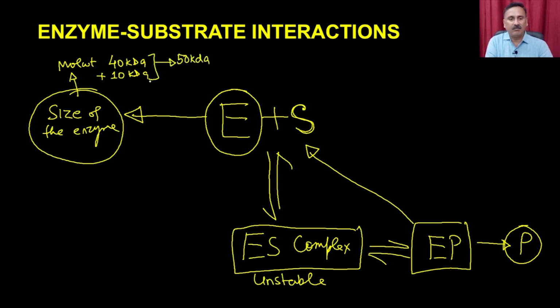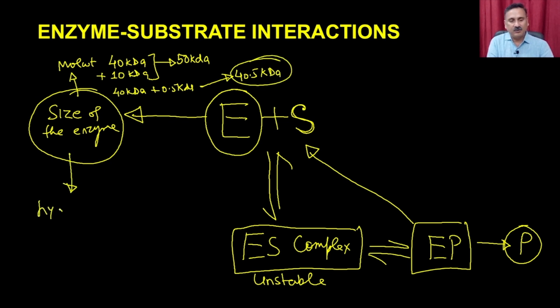Even for a small molecule, for example, if the enzyme is 40 kDa and it is interacting with a substrate of 0.5 kDa, the change may not be very high, but it will still change the enzyme molecular weight.